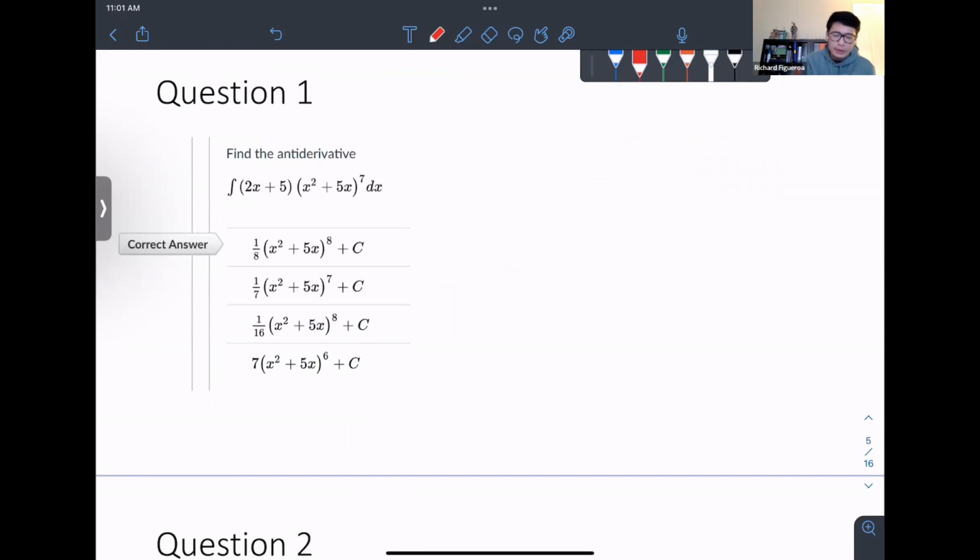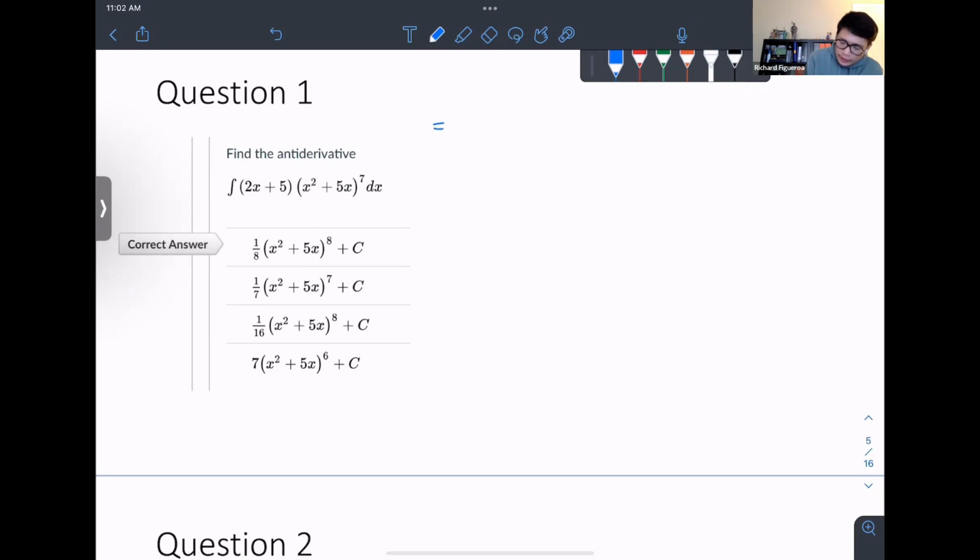I'll be using the substitution approach first, and afterwards the direct approach, where we use the neutralizing factor right away. For this one, find the integral of 2x plus 5 multiplied with x squared plus 5x raised to 7 dx.